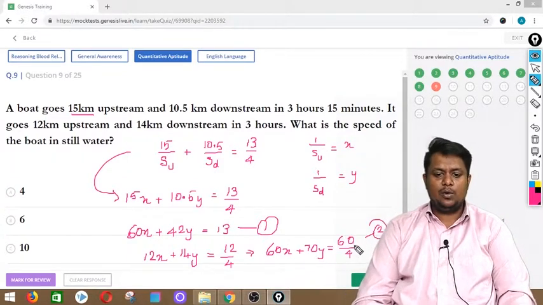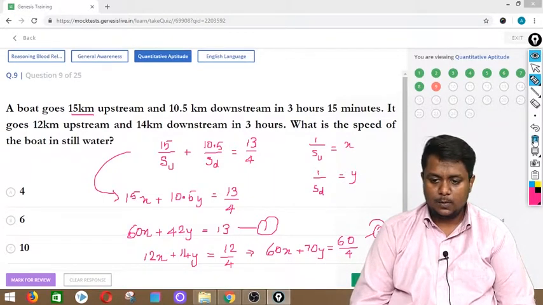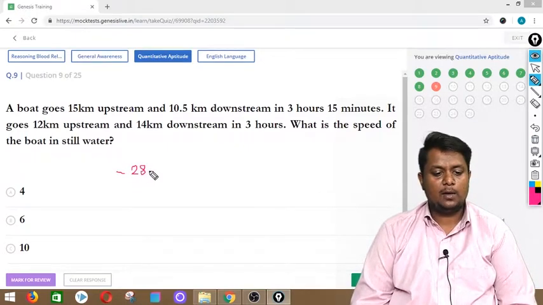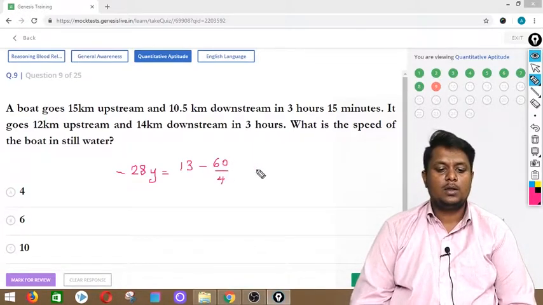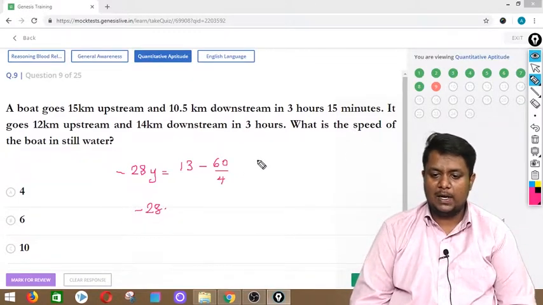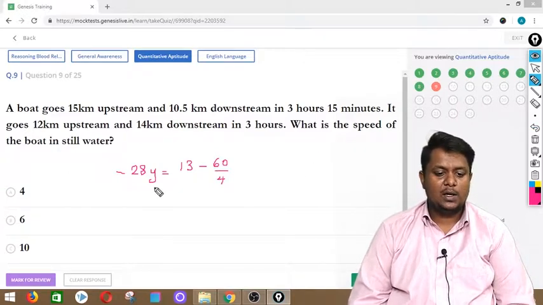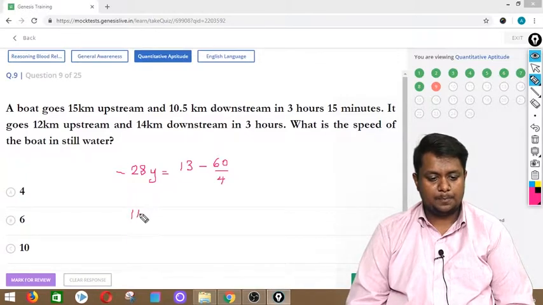I can use these two equations. When I subtract these two equations, I will get minus 28y is equal to 13 minus 60/4. I am going to again multiply the complete equation by 4 so that I can avoid the fractions. Minus 28 into 4 is 112.